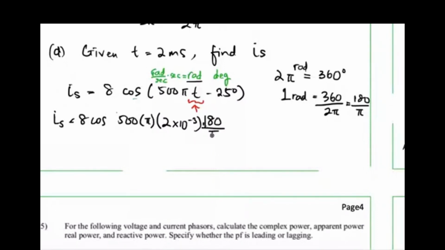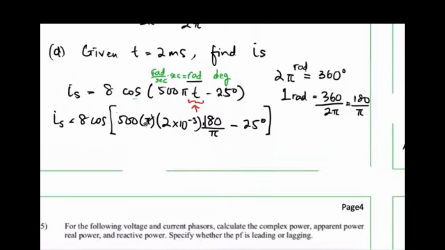Then you subtract the 25 degrees. When you complete the calculation, you get the value in degrees, and then you can take the cosine of that.